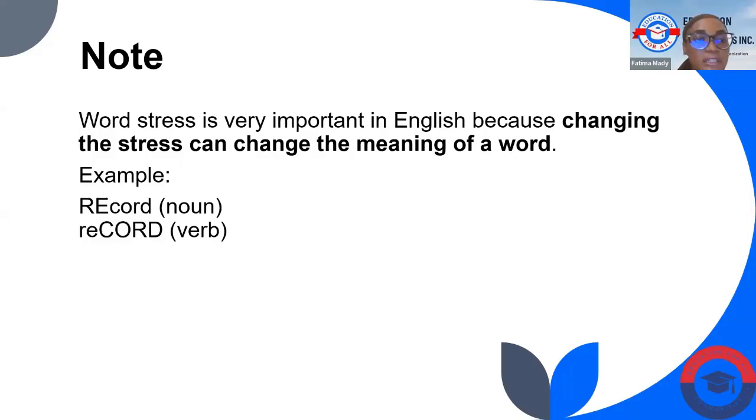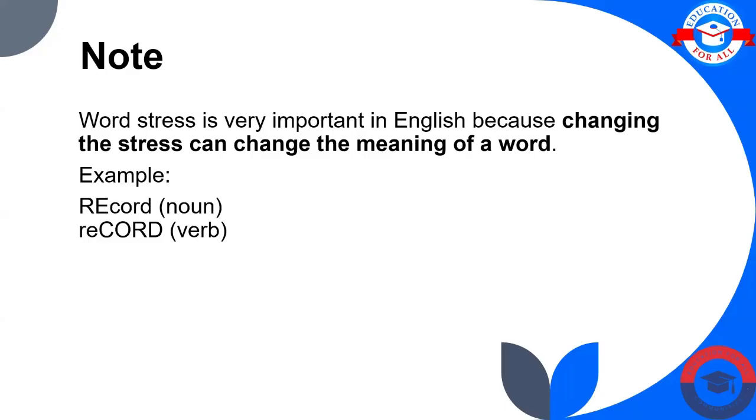Okay. Now, the first example I gave was this, record and record. You see, it's the same word. But now here we have record, okay? This is the noun, with a capital R, capital E. So it means the stress is on re. So where the capital is, is where the stress is. So I understand now.